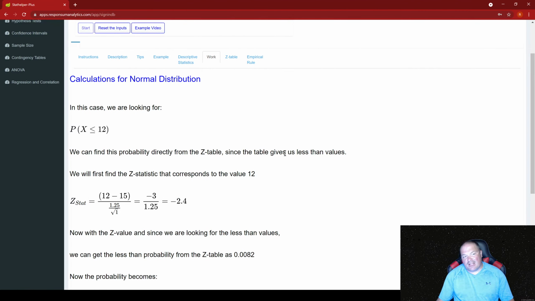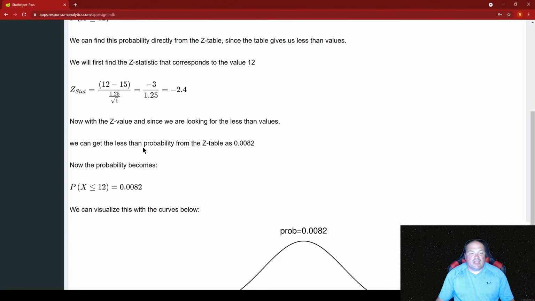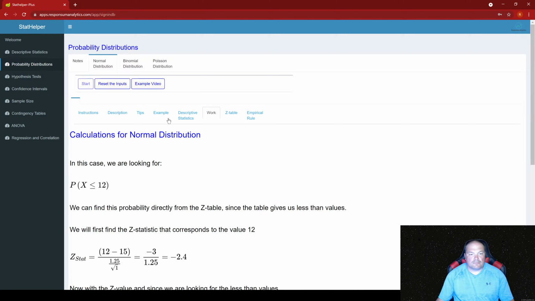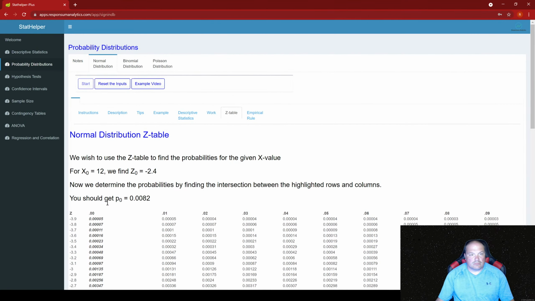So we basically follow the same path. Probability x is less than 12. Plug and chug into this z formula. You end up with minus 2.4. We then go to the table and we can get our probability, which is 0.0082. If you want to take a look at how that came out, we're looking at negative 2.4, so we come up here, 0.0082.